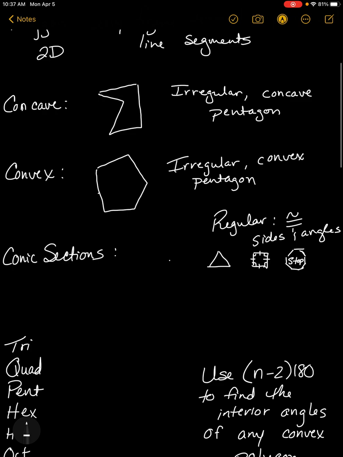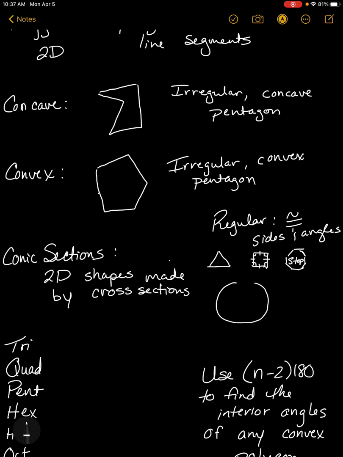Conic sections, which you may have heard of, maybe not. They're 2D shapes made by cross sections, really. And so an example of it would be taking like a sphere, which is 3-dimensional. Try to do the best I can here.